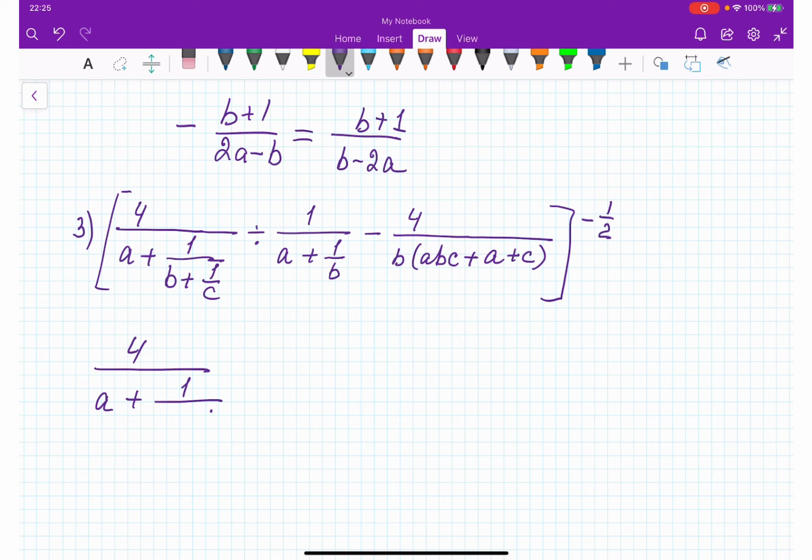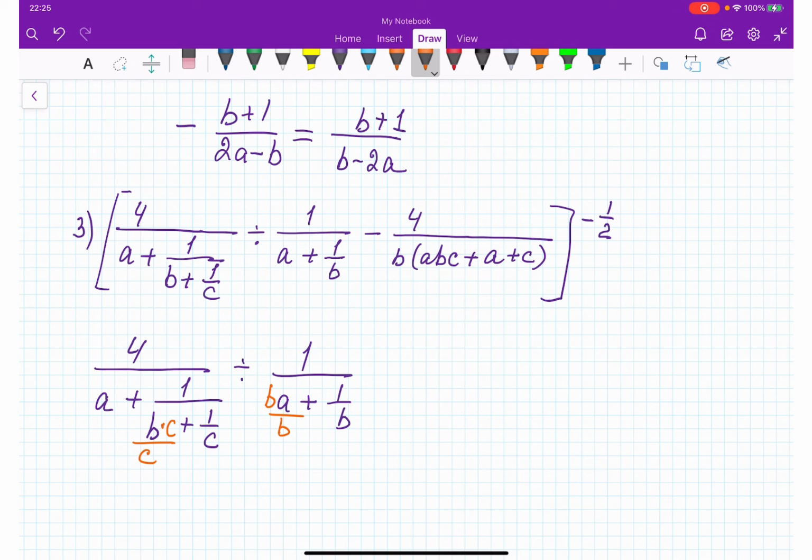So 1 over c plus b. The common denominator is going to be c, right? Which means here I am also dividing by c and multiplying by c, right? Dividing by a plus 1 over b, also bringing to a common denominator. Here it's going to be denominator b, which means dividing by b and multiplying by b.